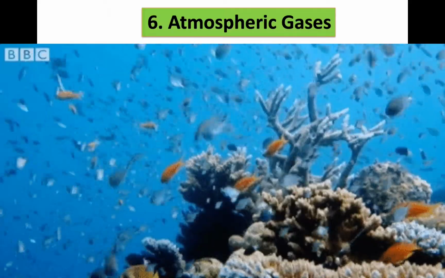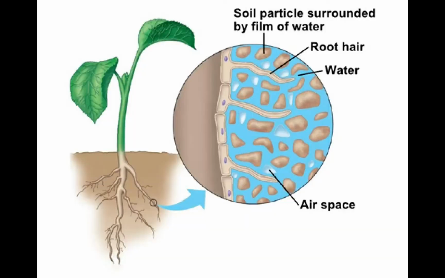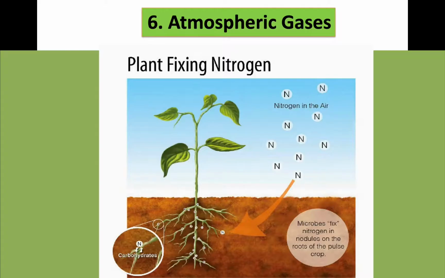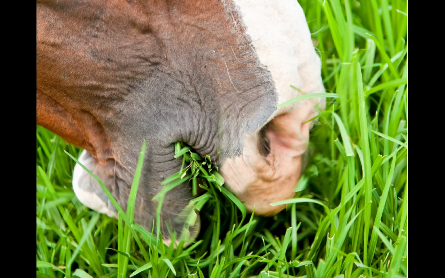Aquatic organisms absorb it from the water, and soil organisms obtain it from the air between the soil particles. Now the plants are able to absorb nitrogen in the form of nitrates from the soil, while the animals are able to obtain it from the food that they eat.